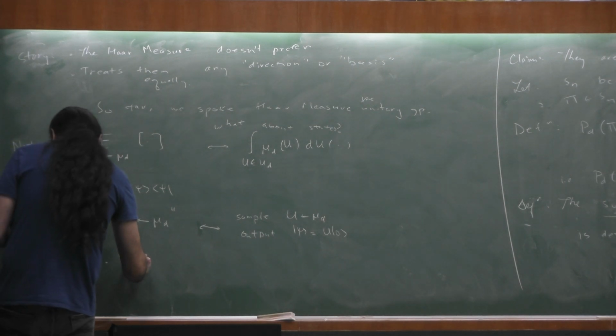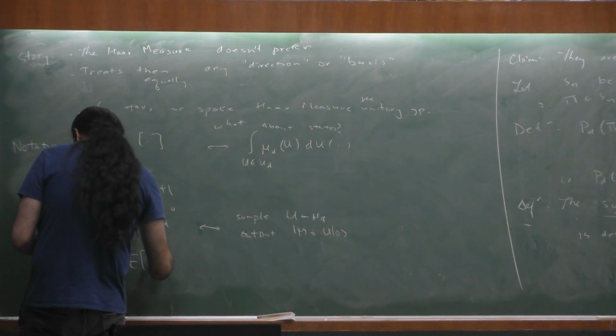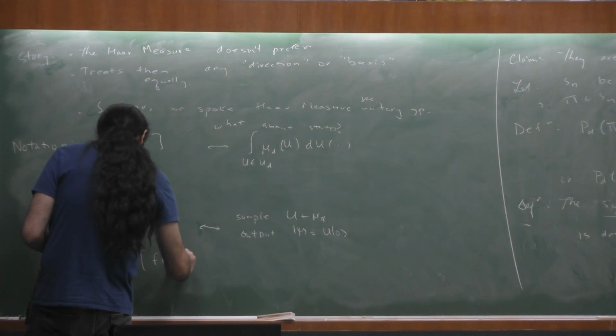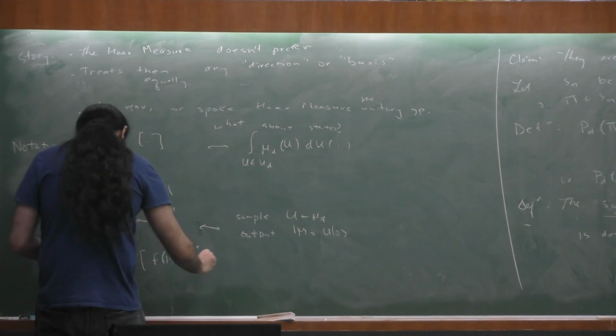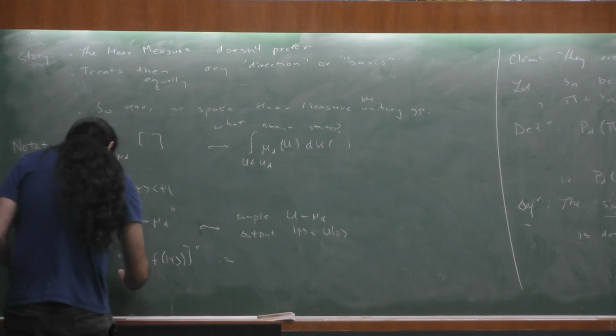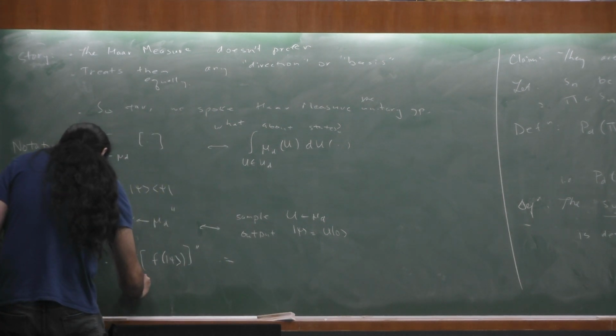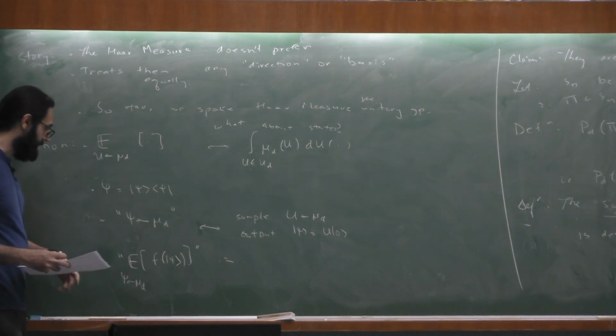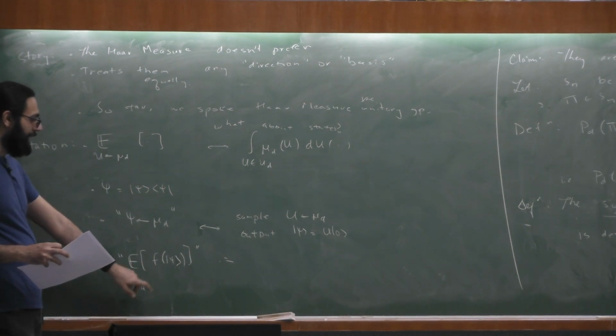And then finally we have the expectation of f on psi, which we define as the expectation where you get psi from mu d. So you sample a Haar random state and take the expectation.